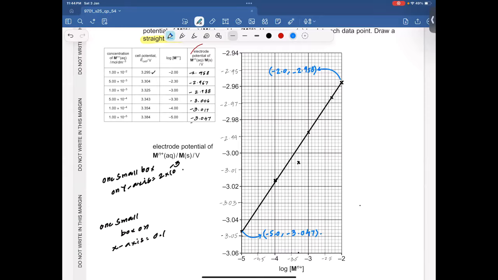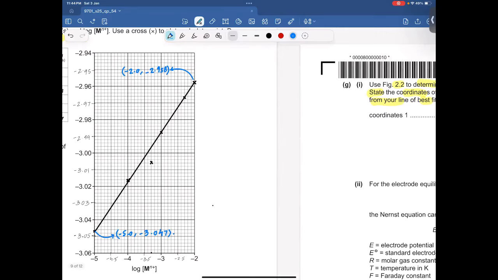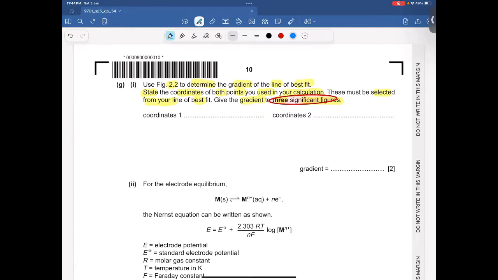Okay, let me write these coordinates. Coordinate number 1: minus 5.0, minus 3.047, and the second one is minus 2.0, and it's basically minus 2.958.